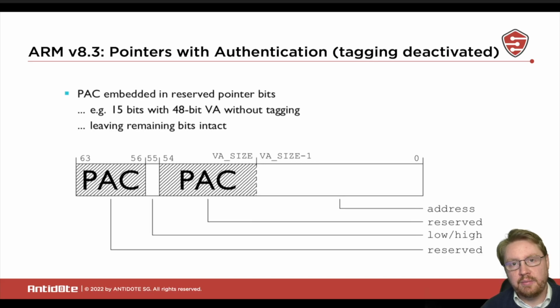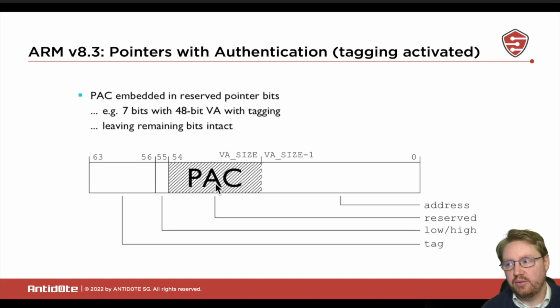So in some cases, when memory tagging, for example, is deactivated, it means that this area in a pointer is also not used. And in this case, this part and this part together can be used to store the hash value. So the more bits you have in the hash value, of course, the harder it gets to just randomly guess the right value.